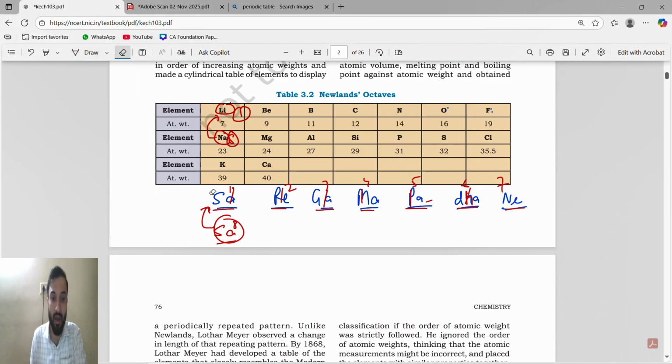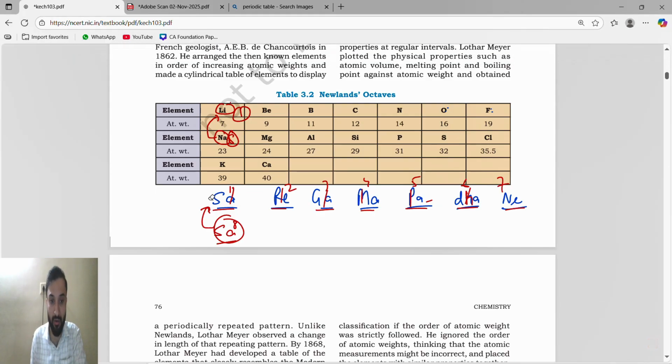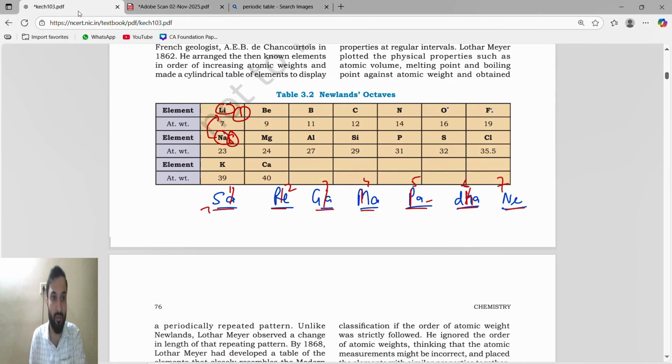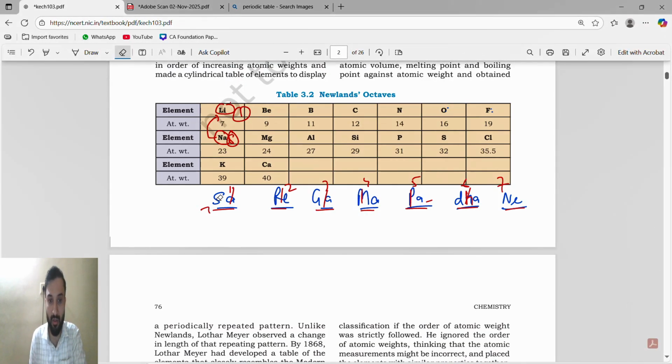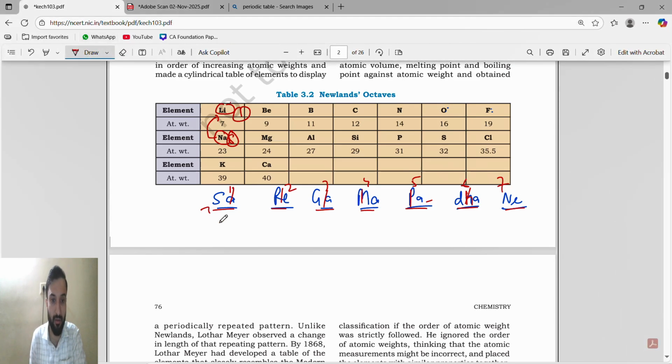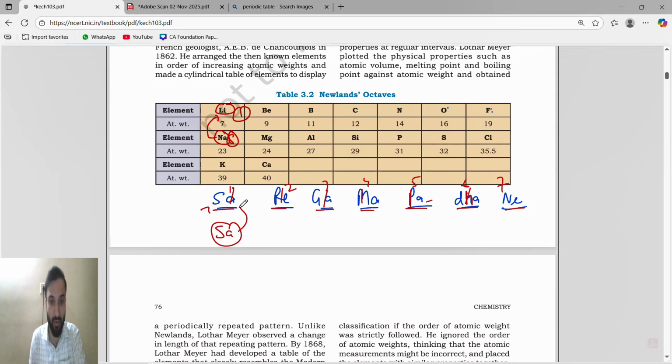You can see that every 8th element is similar to the first. The 8th is also sa, the first is also sa. So this is the music he is talking about, the octaves of music. Sa re ga ma pa dha ni, again sa. This 8th is showing properties similar to the first.